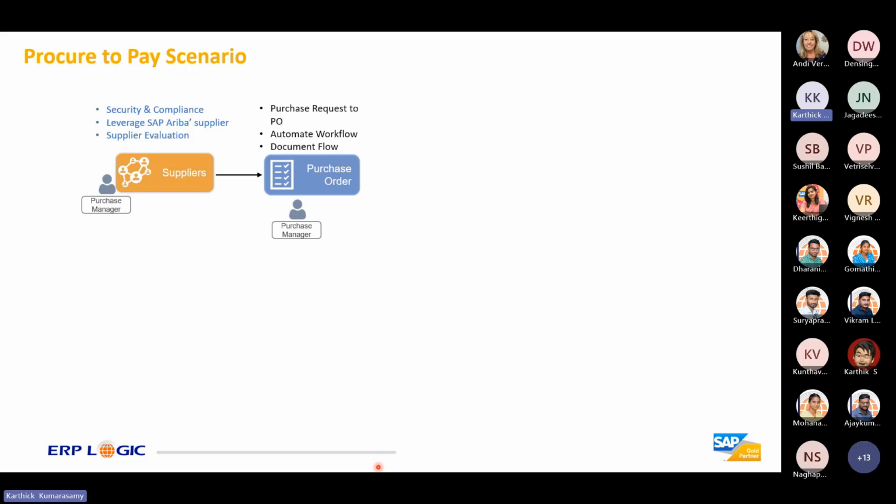We can integrate with the catalog functionalities, which helps eliminate the need for manual input and reduces potential errors. And the document flow: now let's get into the system and see how the purchase orders get converted.